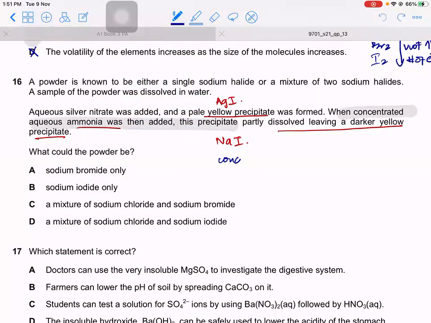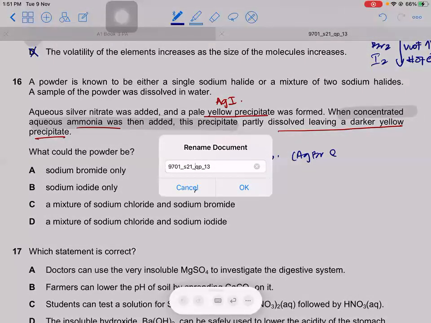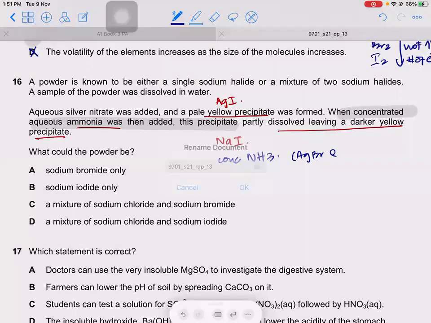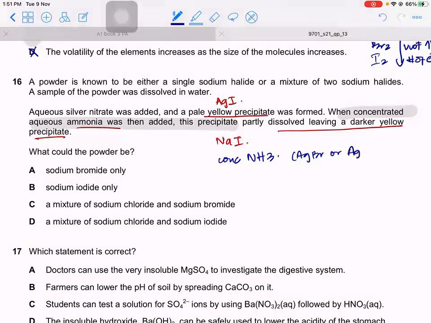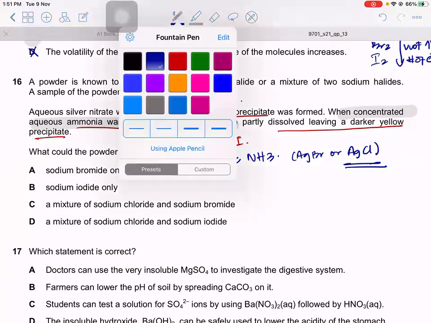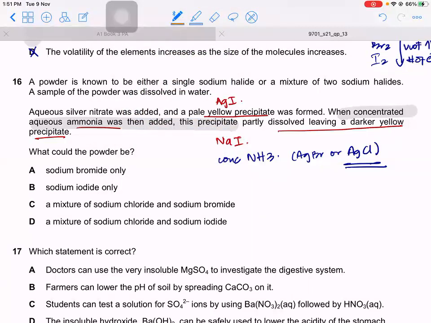So in concentrated ammonia, which of the two will dissolve, AgBr or AgCl? Do you remember, one dissolved in dilute and one dissolved in concentrated? AgCl will dissolve in concentrated aqueous ammonia, because you had two precipitates, AgI and AgCl.